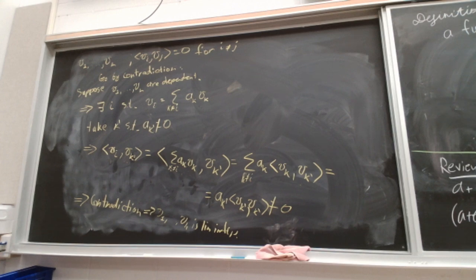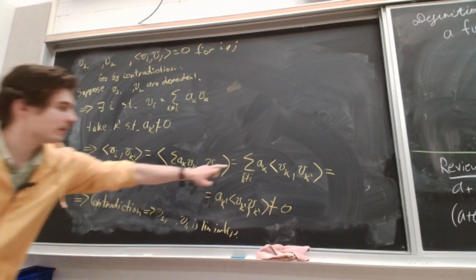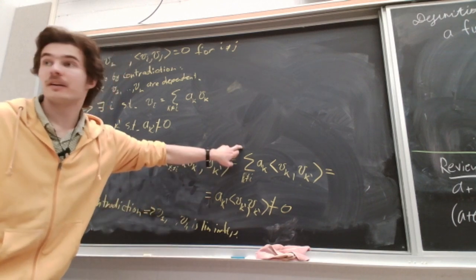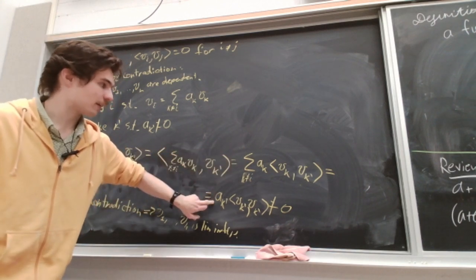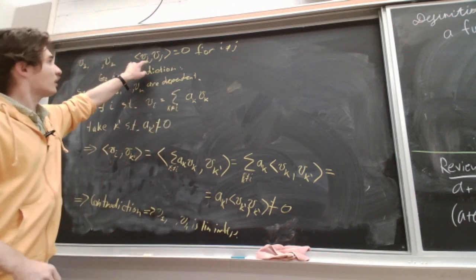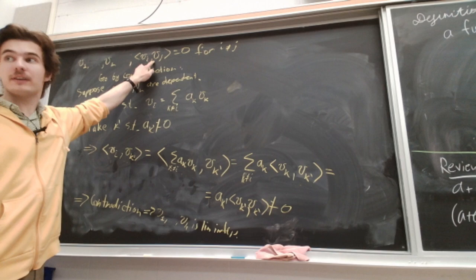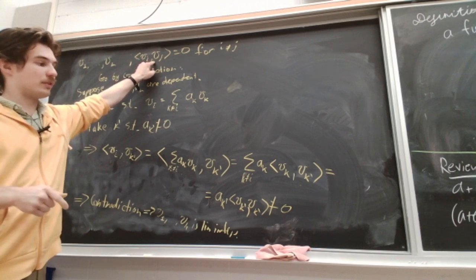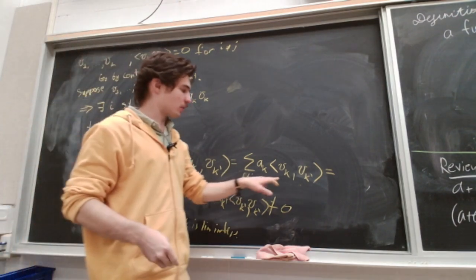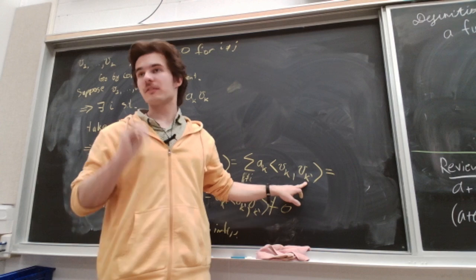Yes? I think I missed how you took out a_k prime, how you went from this to here. From the first thing, here to here. Okay. We assume that all the vectors are pairwise orthogonal. So if you take any two different vectors, the inner product between them is 0. Here I'm summing over k, and this k prime is some fixed vector.